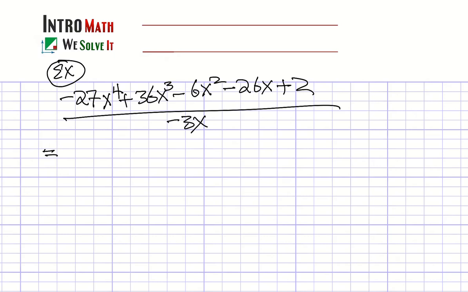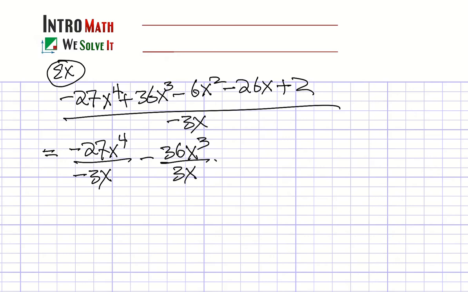It equals negative 27x raised to the power 4 over negative 3x, plus, well, be careful now. You're dividing by a negative, so you need to take care of that. Everything is going to be negative. If something is positive on top, it's going to be negative. So it's negative 36x raised to the power 3 over 3x.